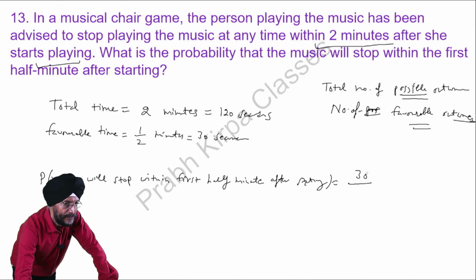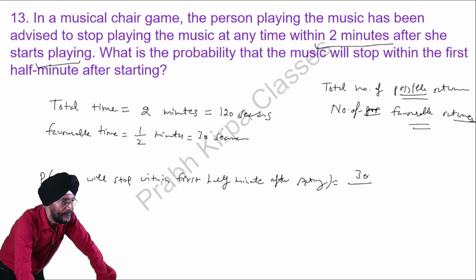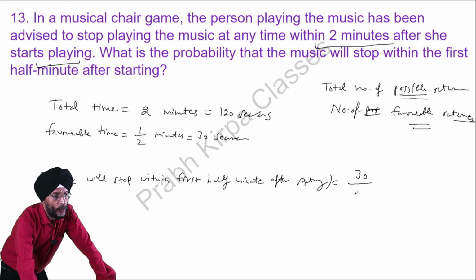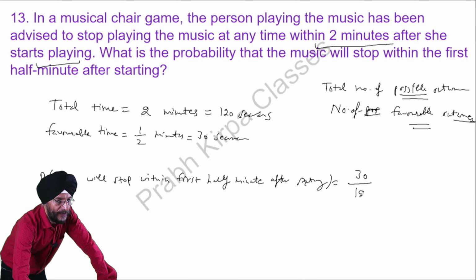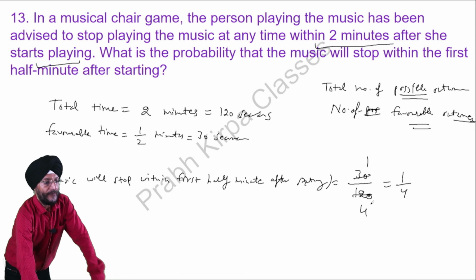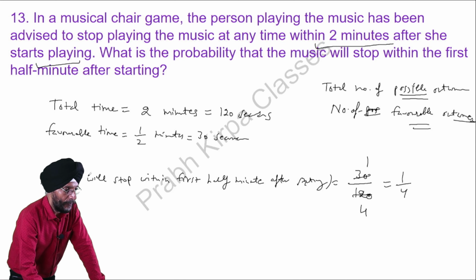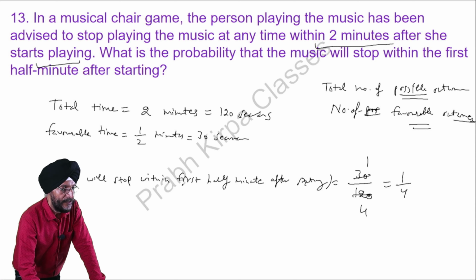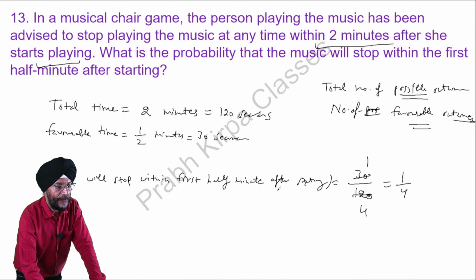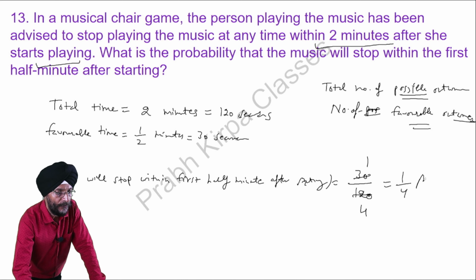It is 30 seconds. Then the total time, it is 120. So the answer before us is 1 over 4 because we will divide both by 4. So this is the probability of the music stopping within the first half minute after starting. So 1 over 4 is the answer before you.